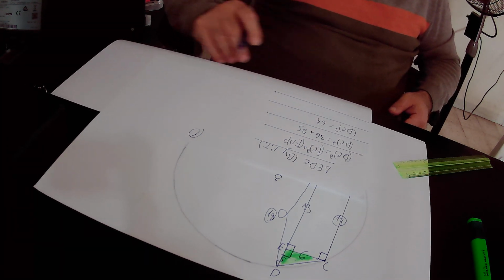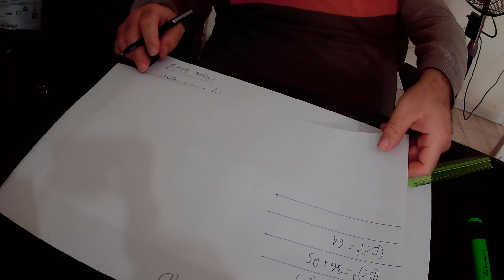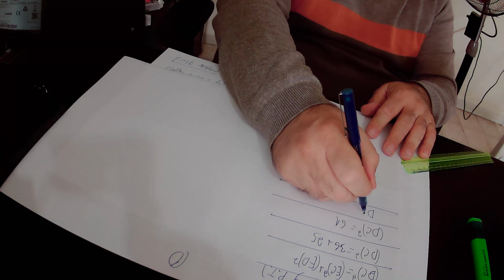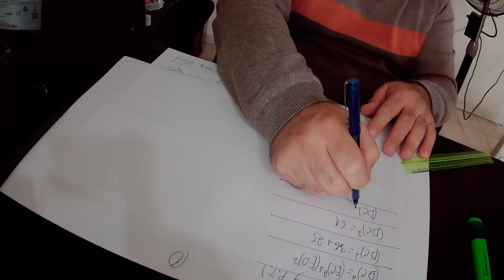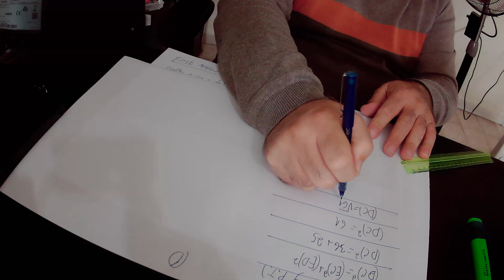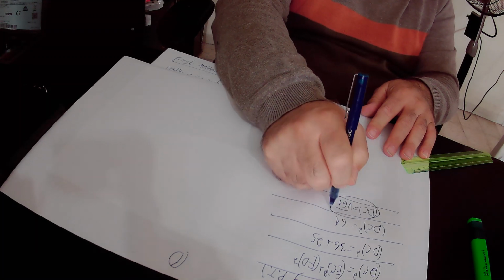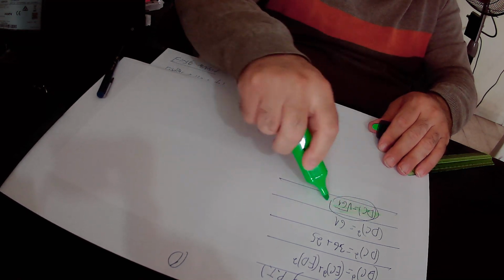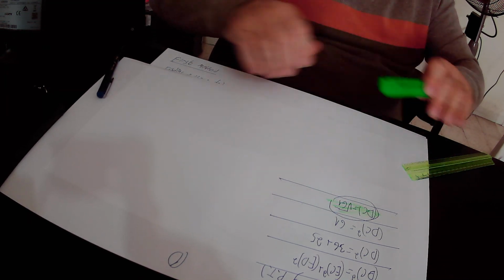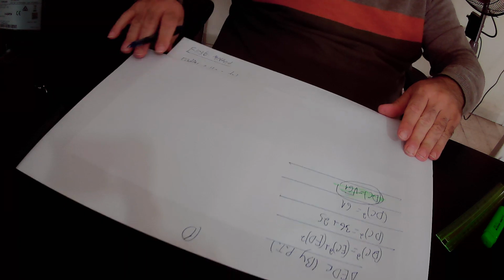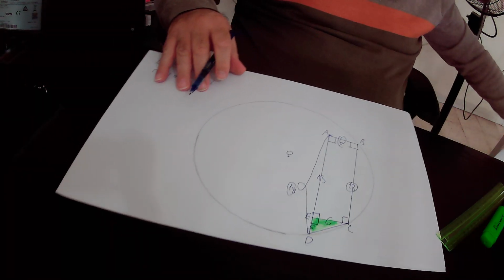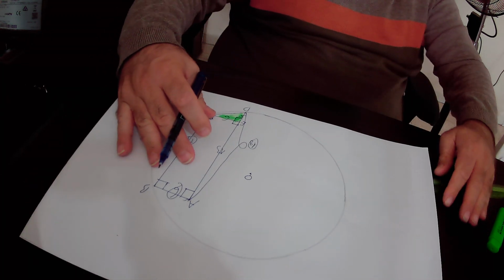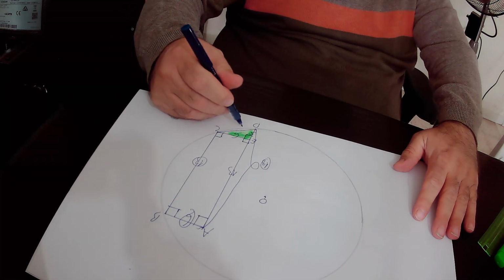Here we'll take a root of this equation, and we get that DC, the hypotenuse of the green triangle, equals the square root of 61 units. We can write in the drawing that the hypotenuse DC equals the square root of 61 units.